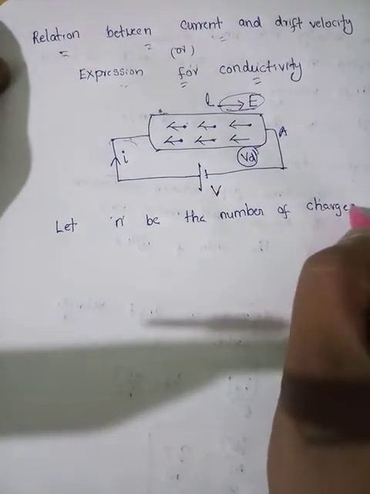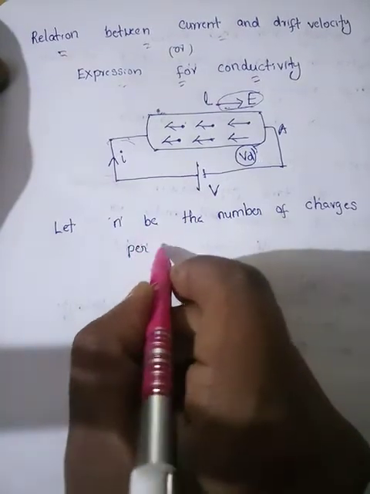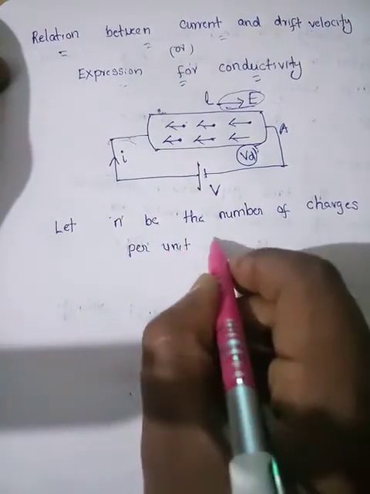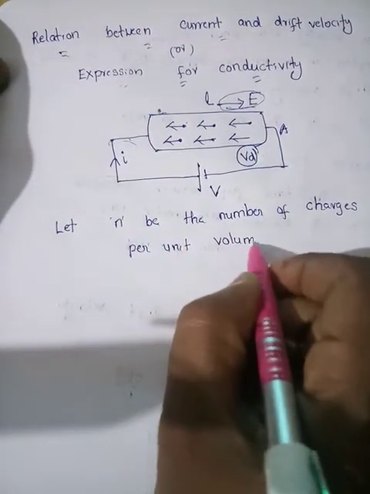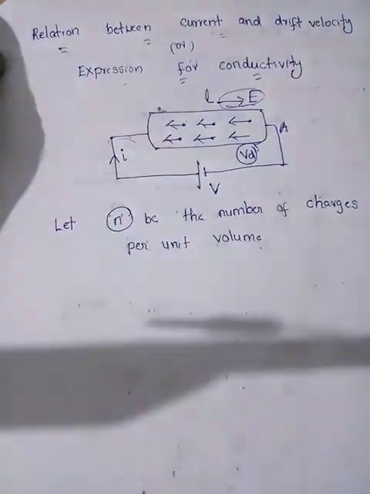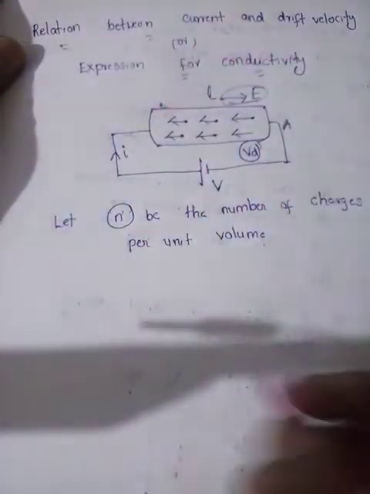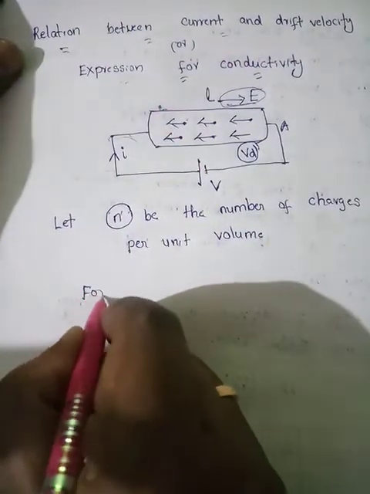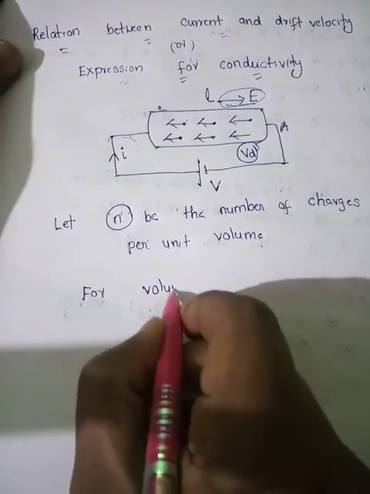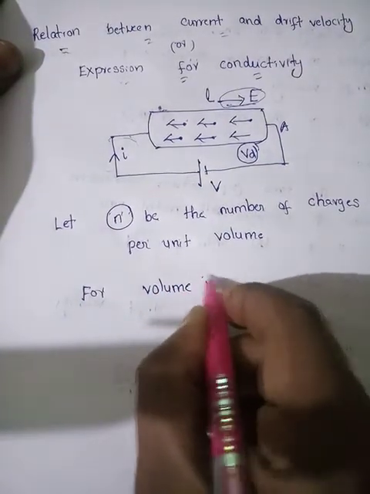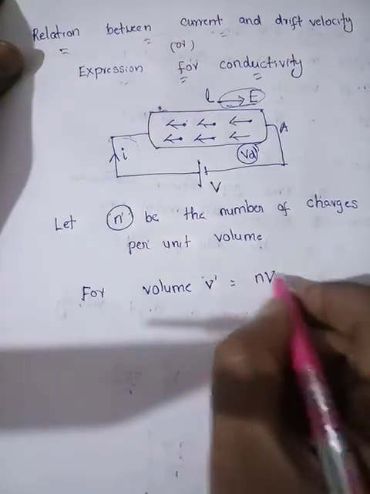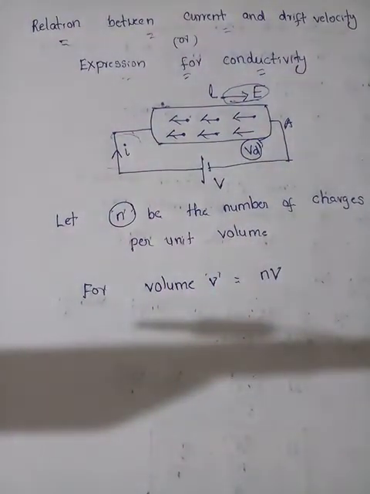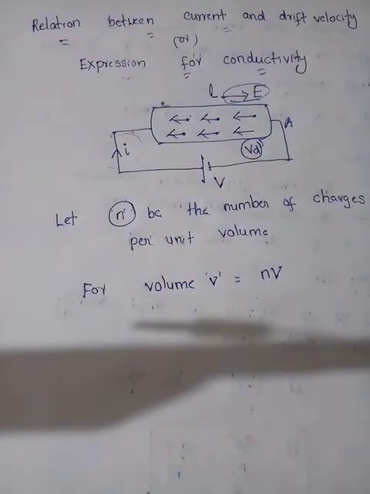We don't know how many charges there are, so we assume that per unit volume small n charges are there. Now we don't know the volume of this one, so for volume V, the number of charges is n into V, right? For example, I consider in a volume of 1 meter cube, the number of charges is 10.